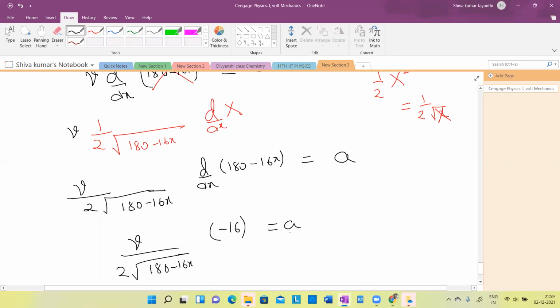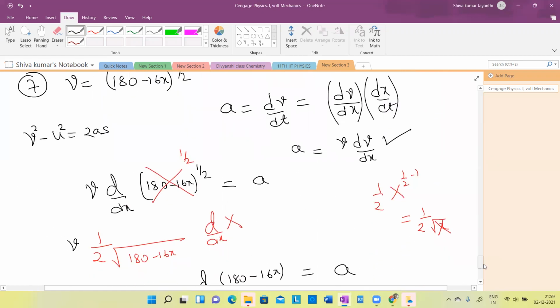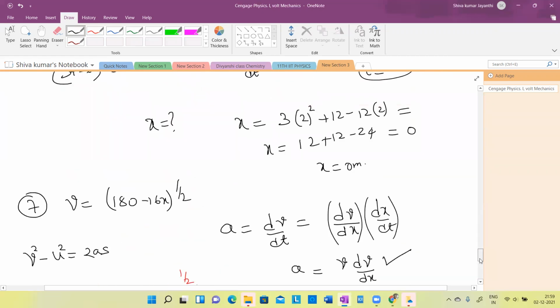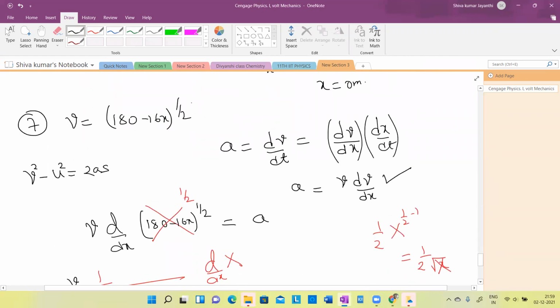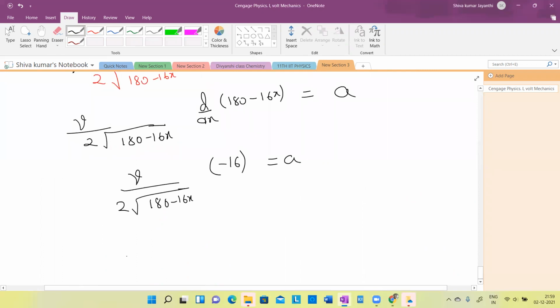Now what are they asking in the question? Go back to the question. Now you know what is v, by the way. What is v? Substitute that also. v is this now, so substitute that. That will cancel. 16x is there, and v itself is the same thing, no?